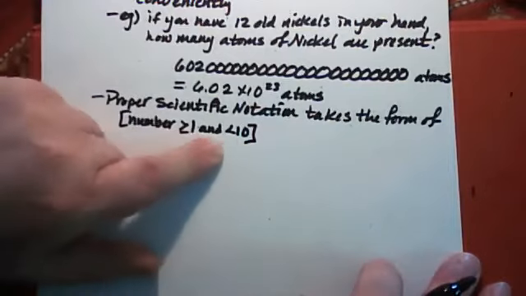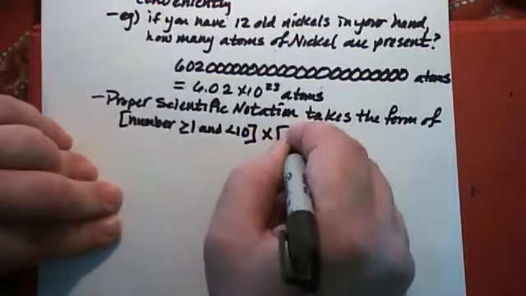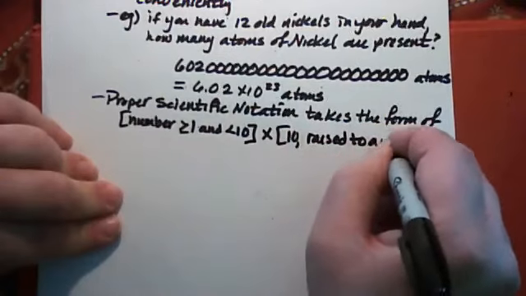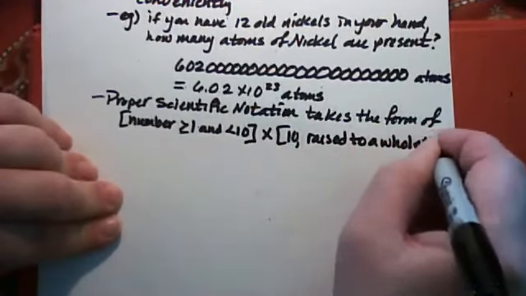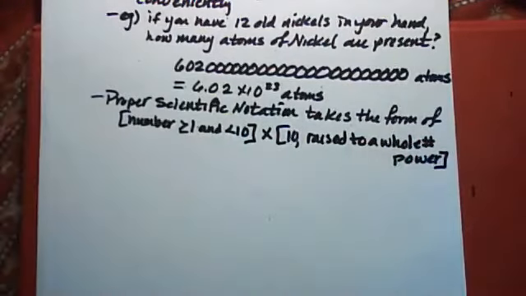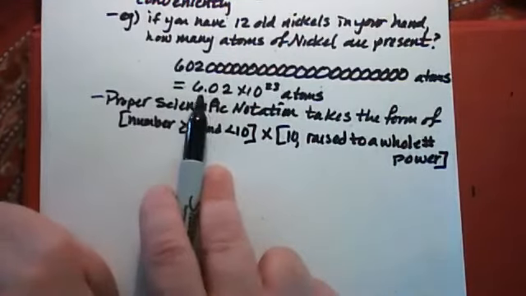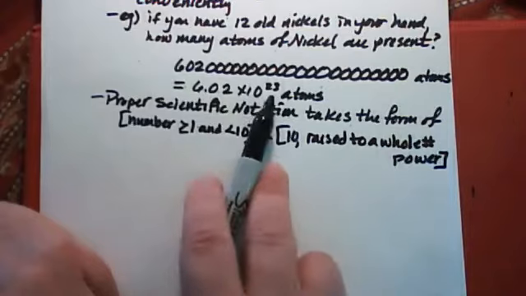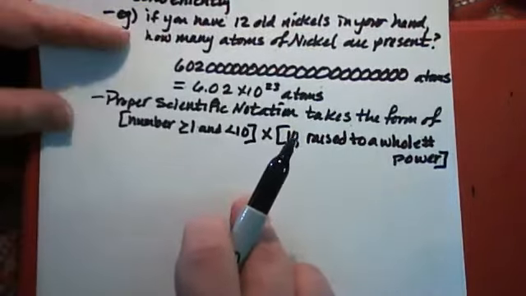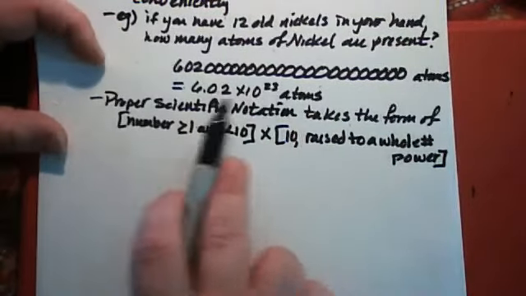So it has to be greater than or equal to 1 and less than 10 times 10 raised to a whole number power. And notice this number up here does conform to that. 6.02 is between 1 and 10, and 10 to the 23rd is 10 raised to a whole number power. So what that means is you won't have any fractional powers. You can't have like 10 to the 23.5.